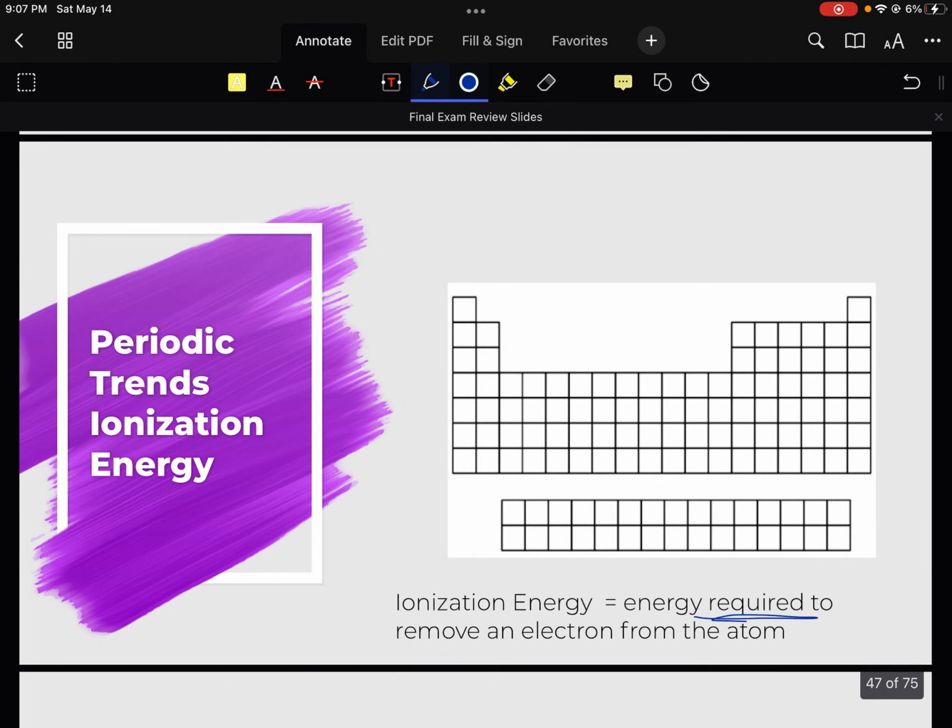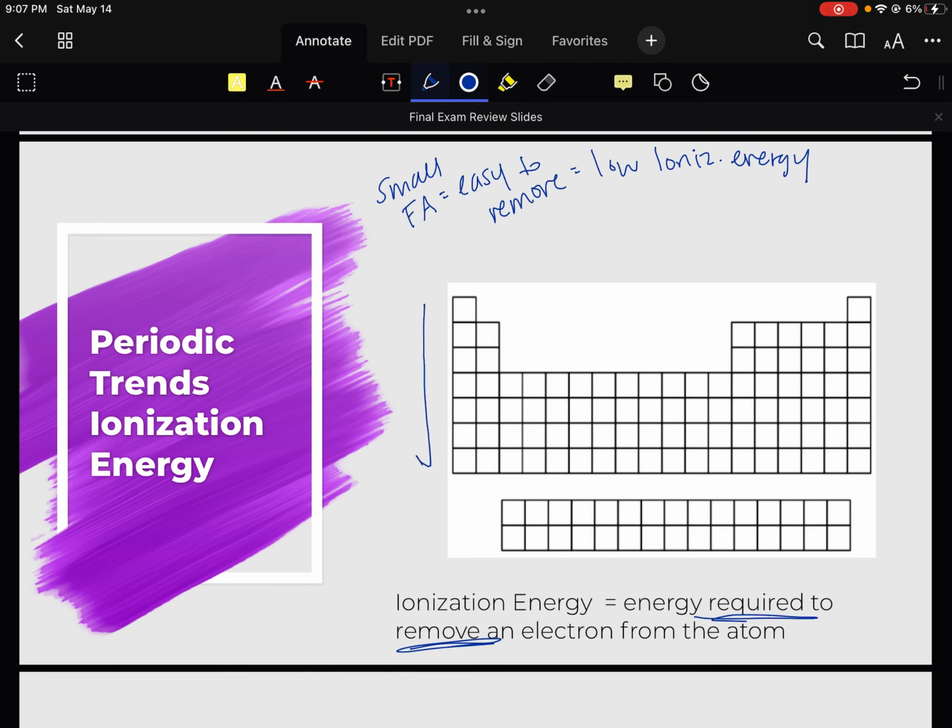Ionization energy is the energy required to remove an electron. So we want to think about if it has a small force of attraction, it's easy to remove. So that means low ionization energy. So if we think about our chart, as we go down, we know we're getting more energy levels.